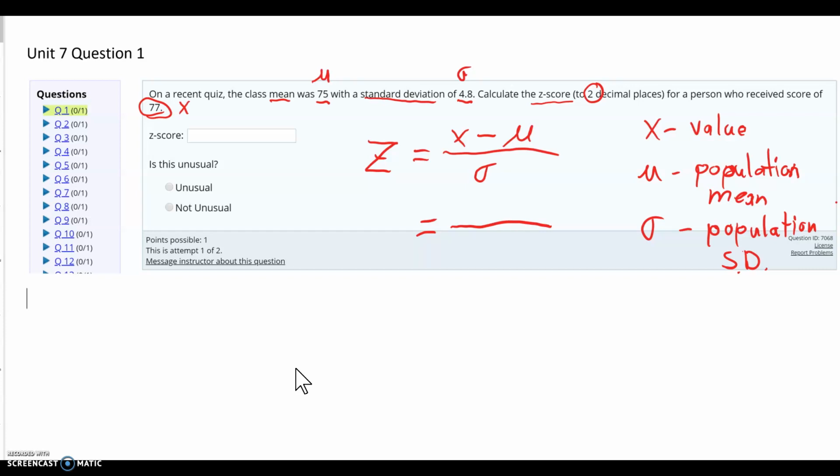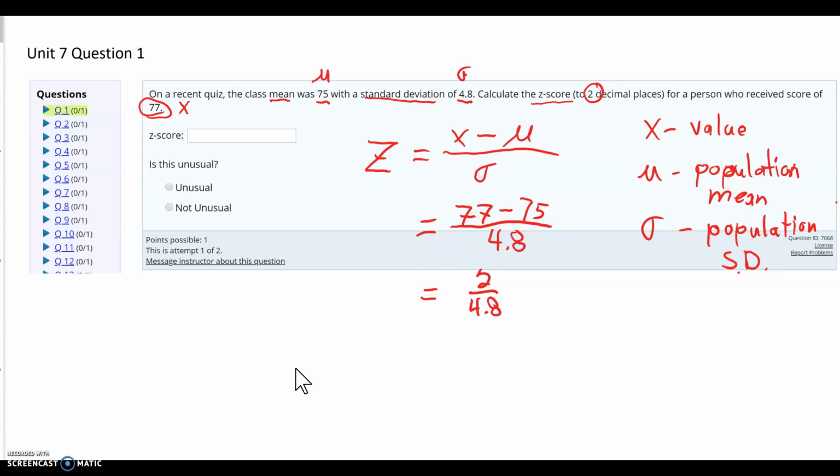So I have to do 77, my x value, minus 75, divided by 4.8.